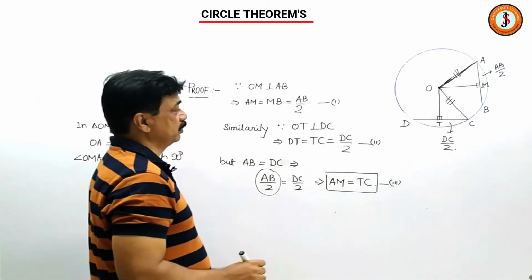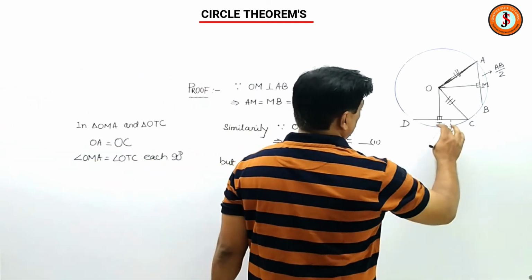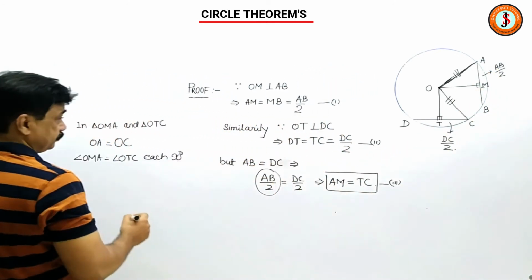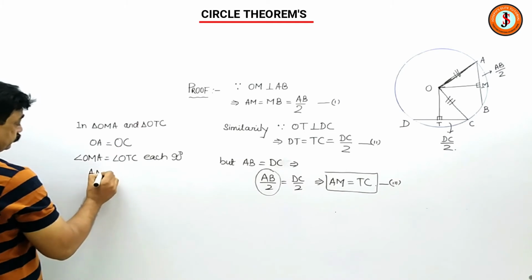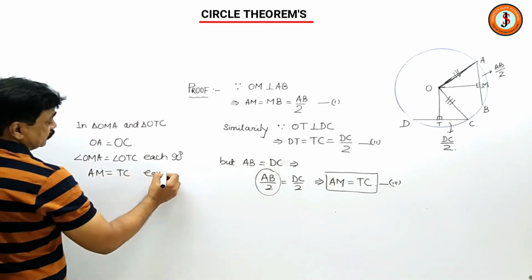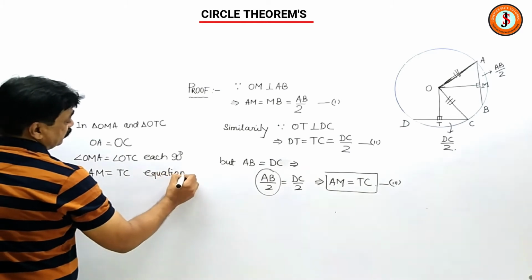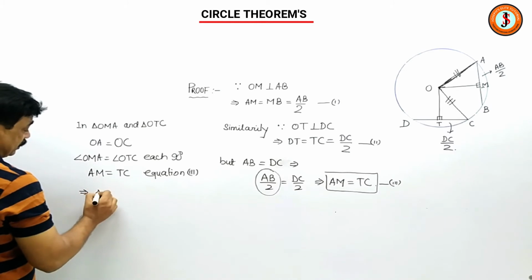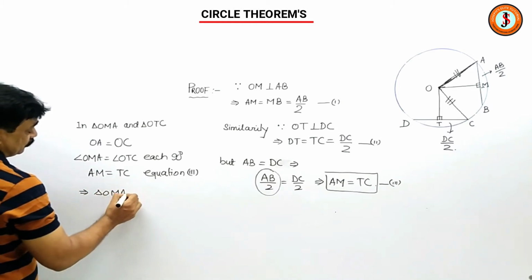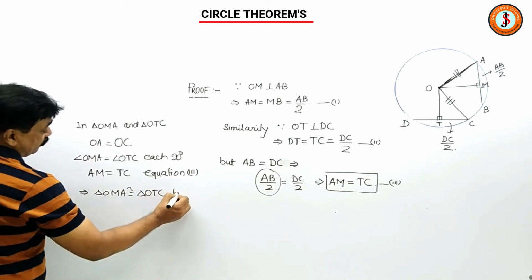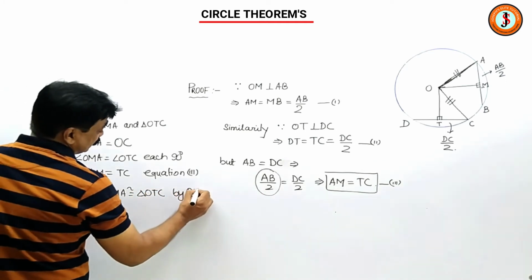Then AM is equal to TC. From equation 3, this implies that triangle OMA is congruent to triangle OTC by RHS.